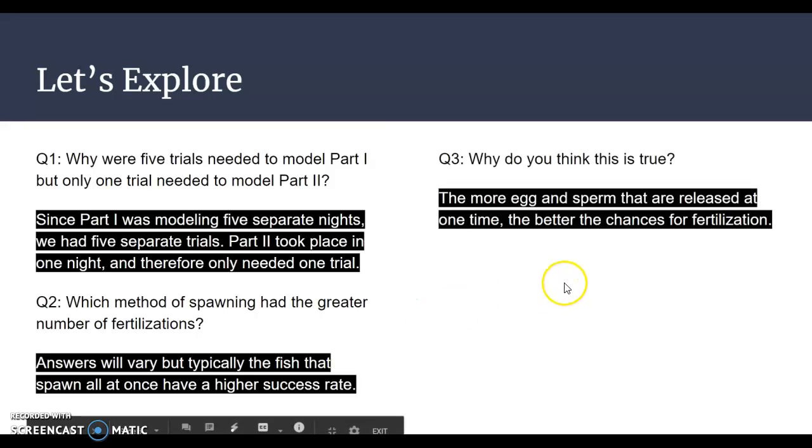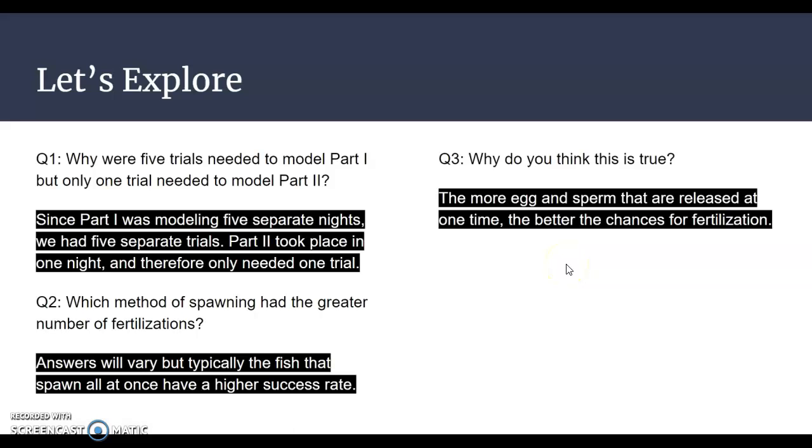And that is true, generally speaking, because you have a greater number of eggs and sperm in the same location, which would increase the chances of fertilization. So if you looked at my pictures, it was very rare to have a connection. We were looking at maybe a 20% success rate with the single event spawning.